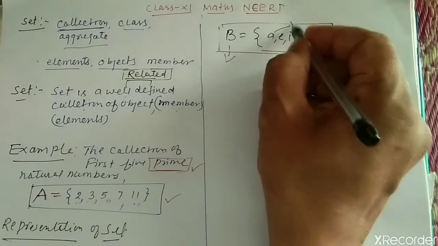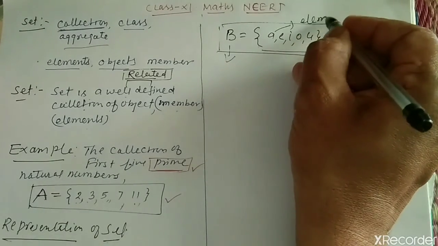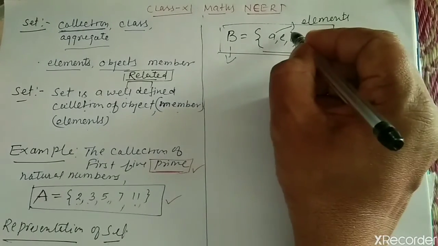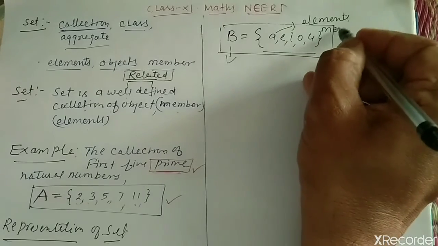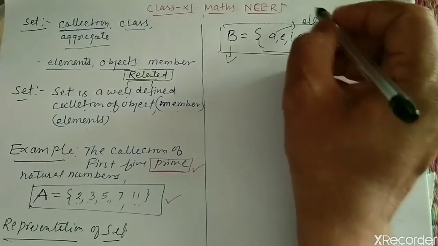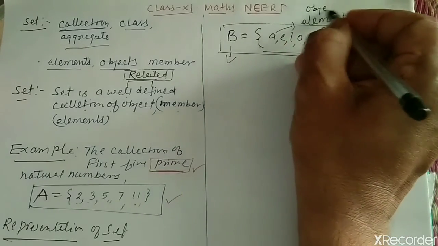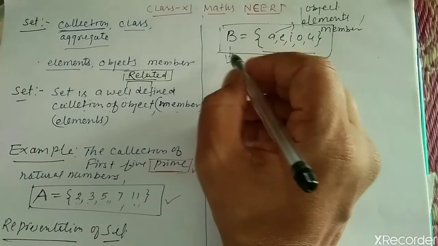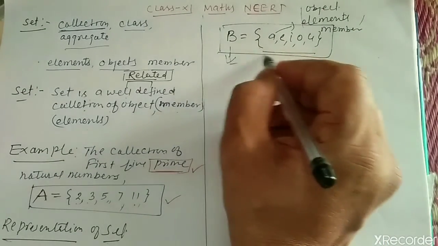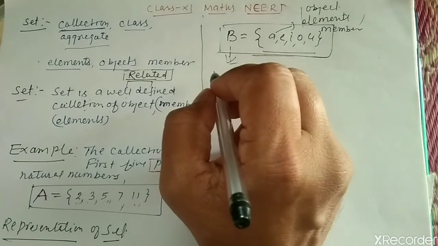So these are called elements, members or objects. This whole is called set. Clear?